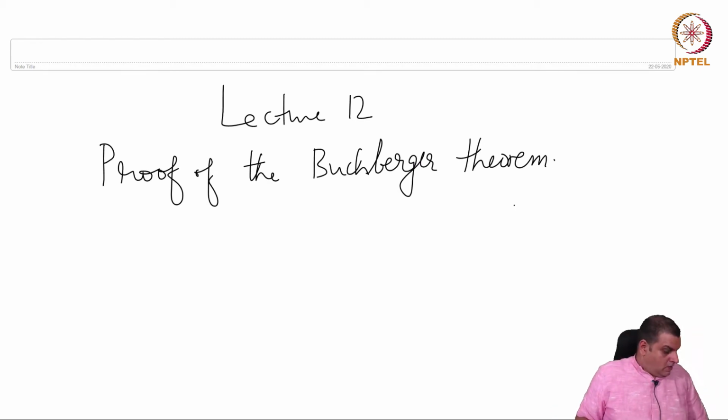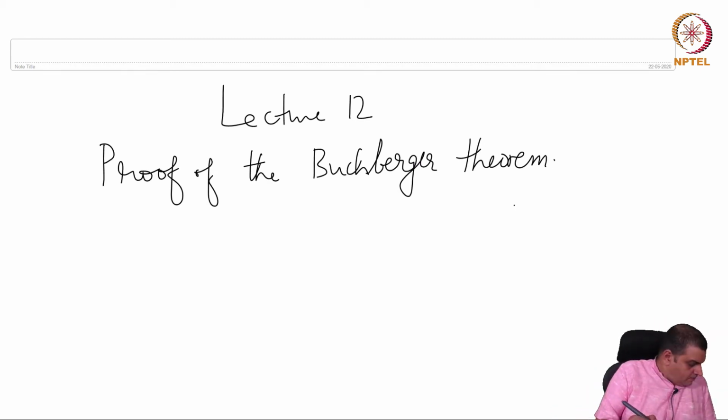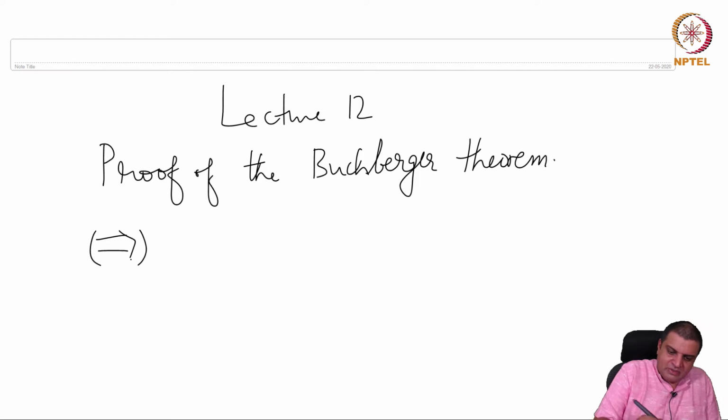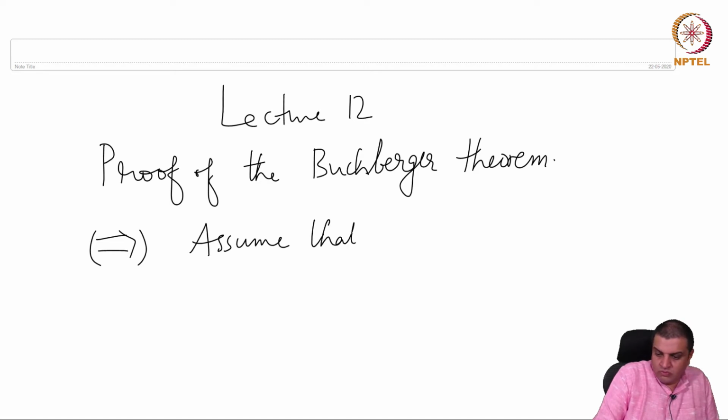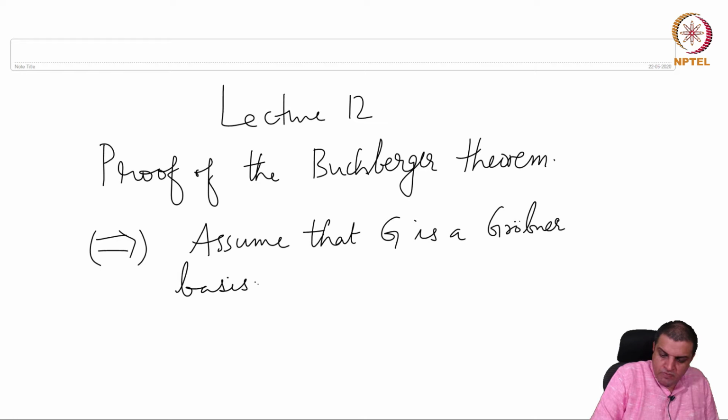One direction is more straightforward than the other, in fact quite straightforward. So this is the direction. Assume that G is a Gröbner basis.